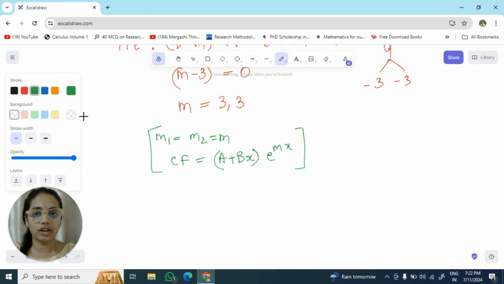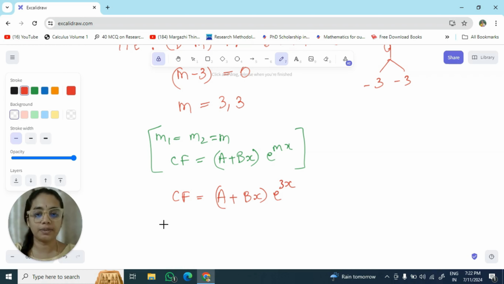So now let me write the CF for our given question. CF is equal to a plus bx into e to the power 3x. So we are done with the CF.